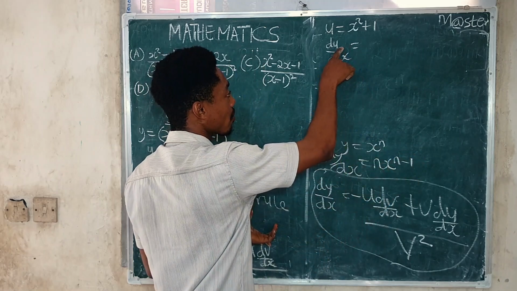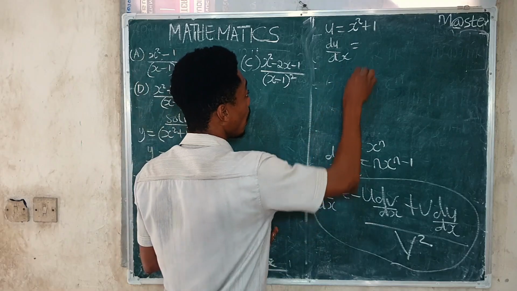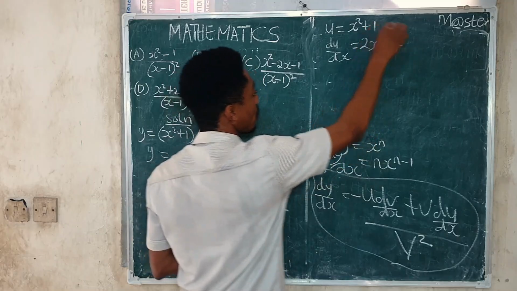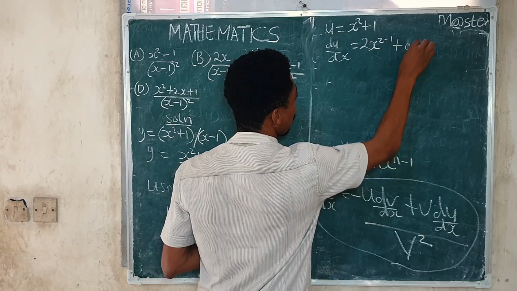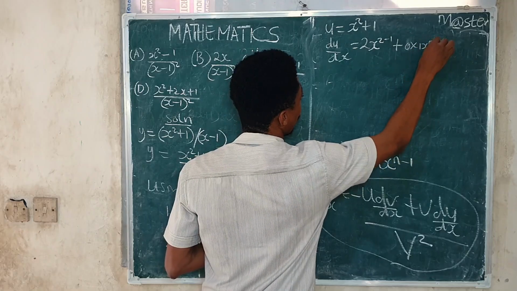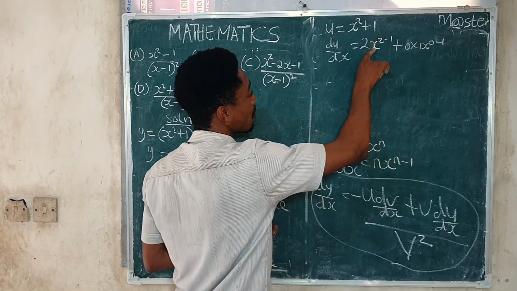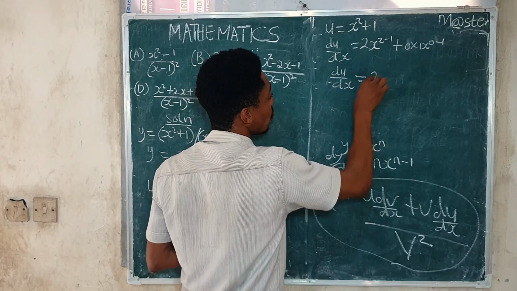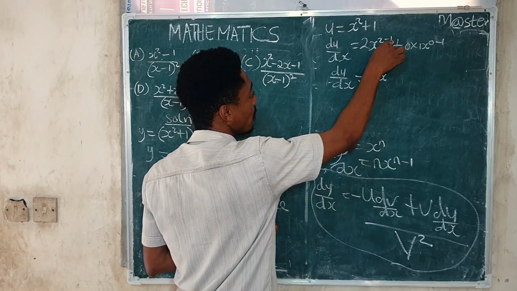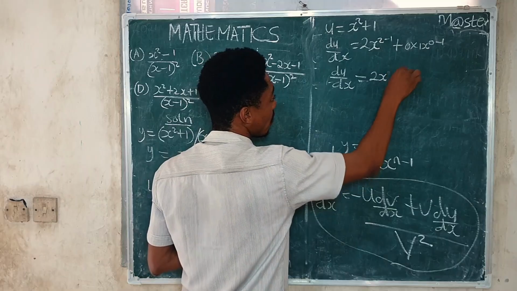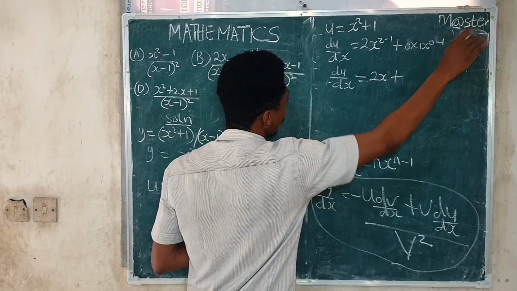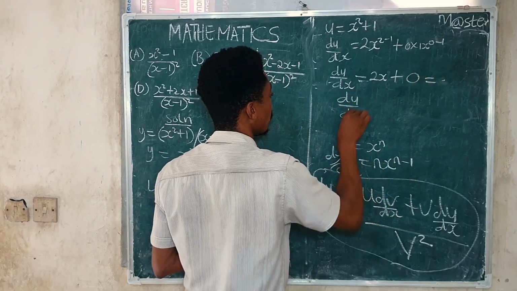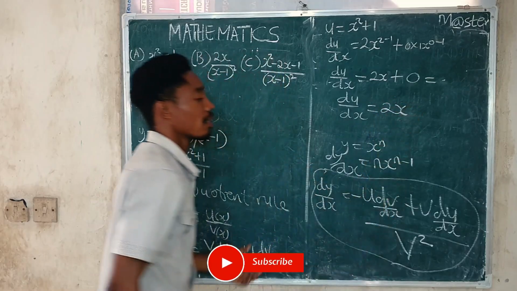Applying that here, differentiating this is 2x raised to the power 2 minus 1, plus differentiating the constant gives 0. So du/dx equals 2x, because 2 minus 1 is 1, and 0 times whatever we have there is 0. So du/dx is 2x.